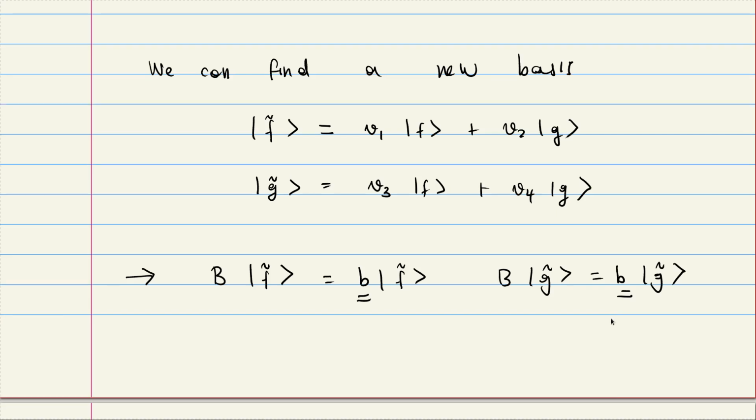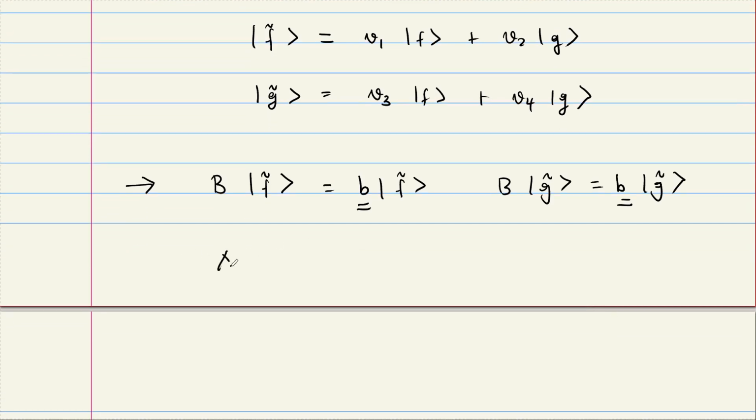But what we need to show is A times F tilde, let me call this A1 times F tilde, and A times G tilde, let me call this A2 G tilde. We should show that this is doable.